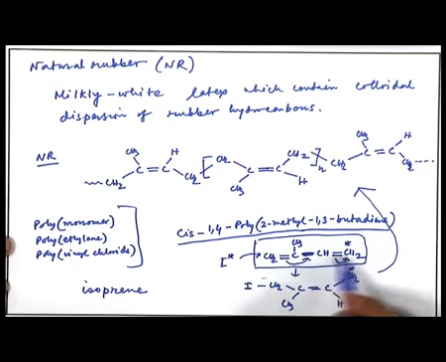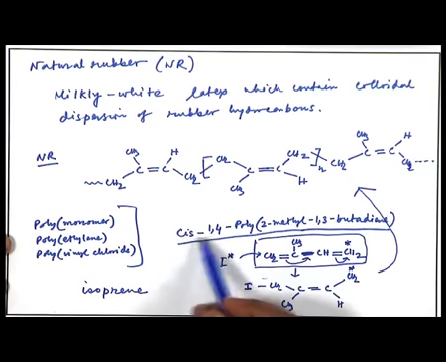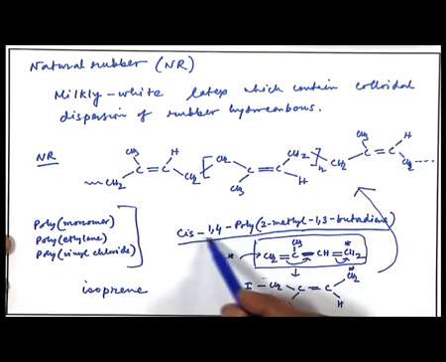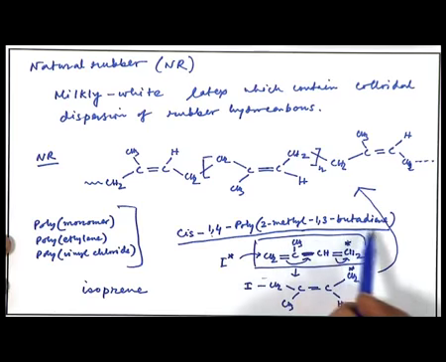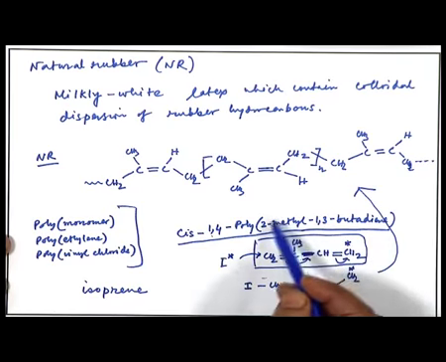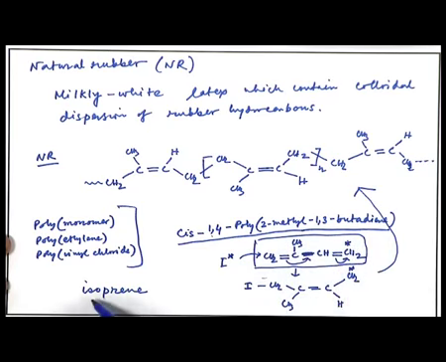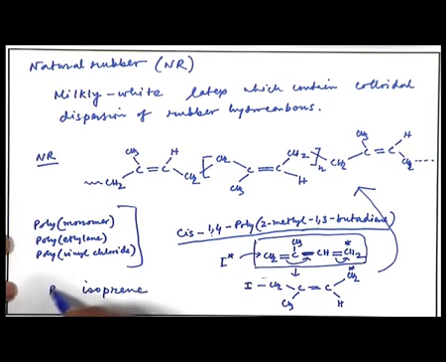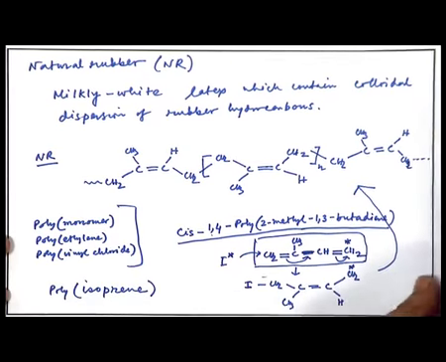So, that will be a 3,4 addition, and in this case it is a 1,4 addition. That is why, because of the cis configuration, we are writing cis 1,4 poly 2-methyl 1,3-butadiene, which is sometimes written as polyisoprene. So, the natural polymer is also sometimes written as cis 1,4 polyisoprene.